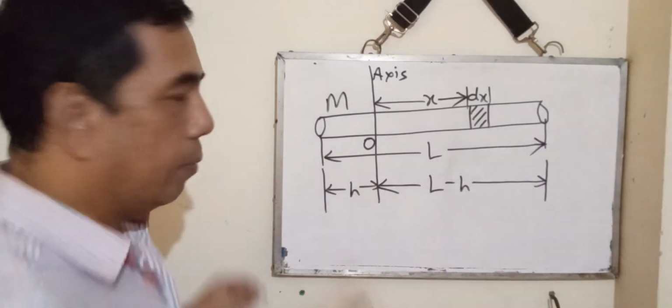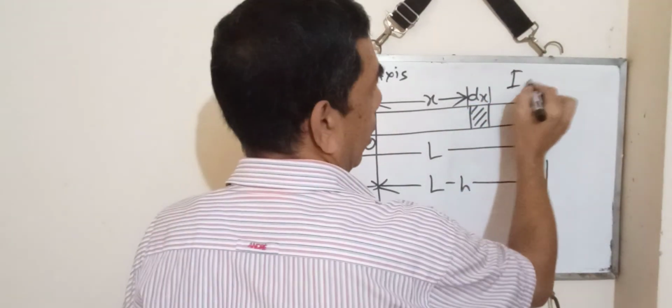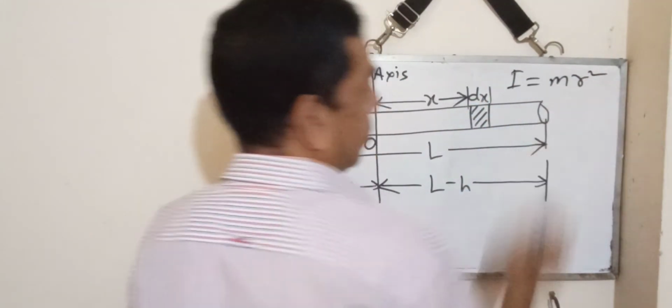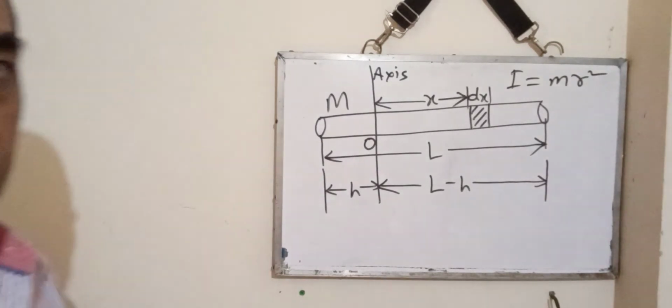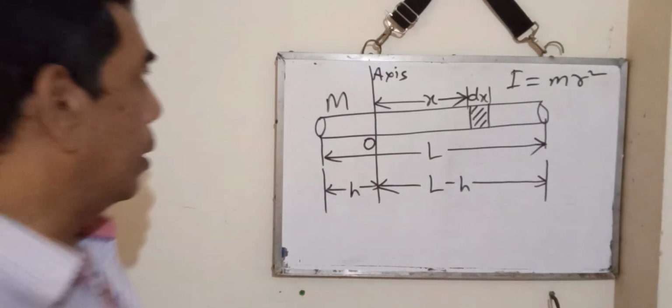You know, moment of inertia I equals m r square.